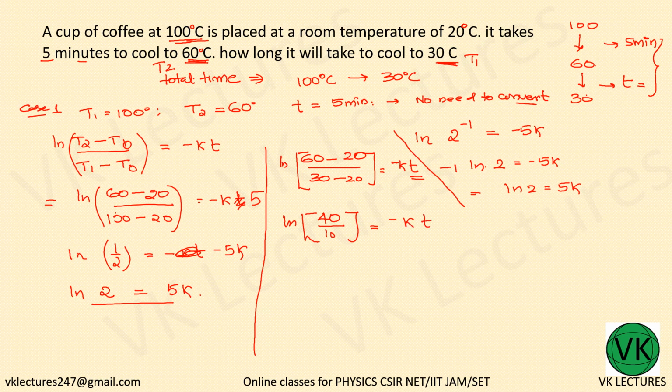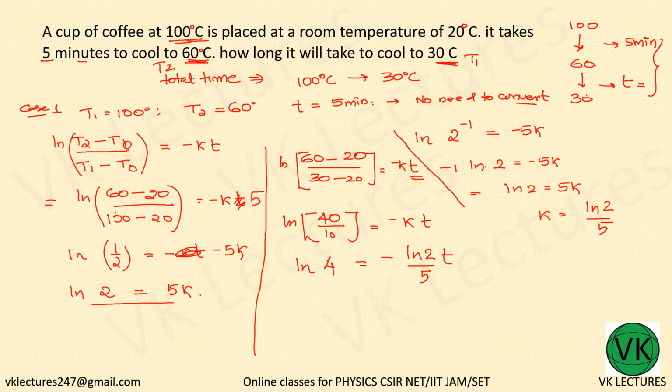So k you can write from here, k equal to log 2 divided by 5, correct? Now log of 40 by 10 is nothing but 4. So log 4 is equal to minus log 2 divided by 5 into t.